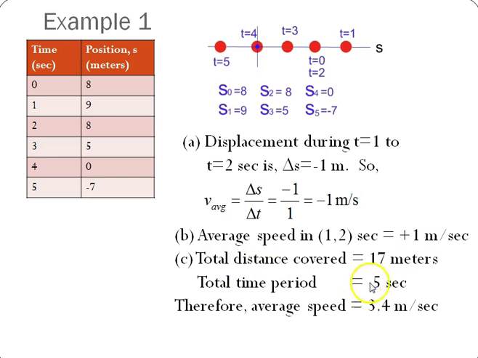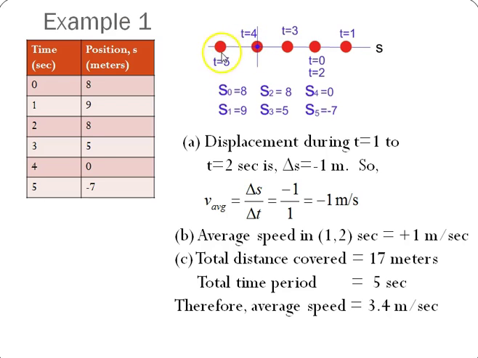And the total distance covered, you need to very carefully note this down. The particle started here, from here to here it is 1 meter. Again from here to here it is 2 meters. From here to here it is 3 meters. From here to here it is 5 meters.